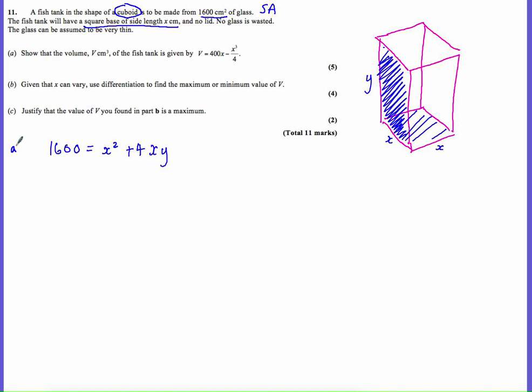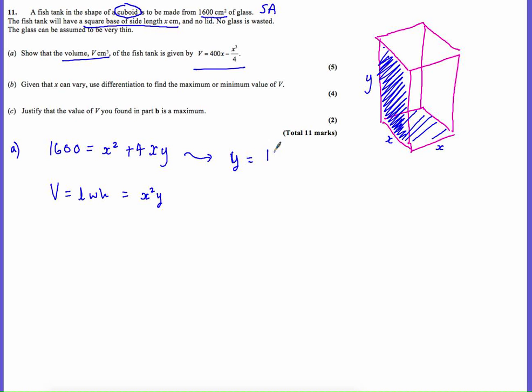We are trying to show that the volume is equal to this thing. Now ordinarily we know that volume equals length times width times height. Okay, which is fine. So that would give us x squared times y. Okay, that does not agree with this formula here. The one thing that's different is there's no y. So I have to use this one to generate a formula in terms of y.